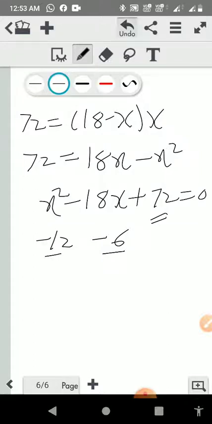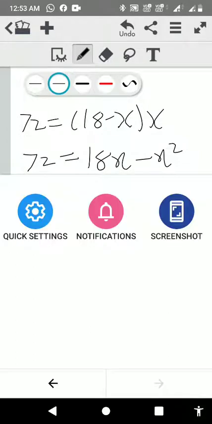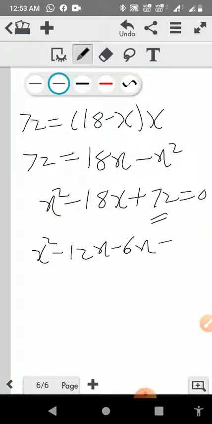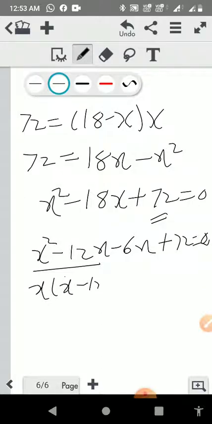Now I will write this equation as x square minus 12x minus 6x plus 72 equal to 0. From this I can take x common, and I will get x minus 12.